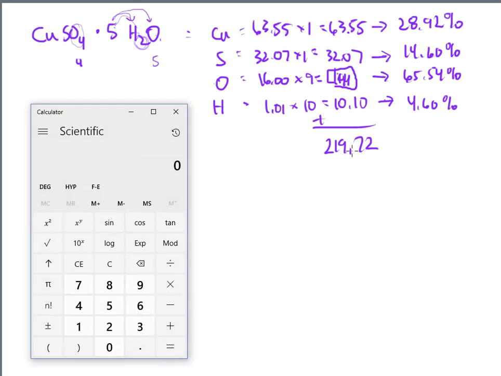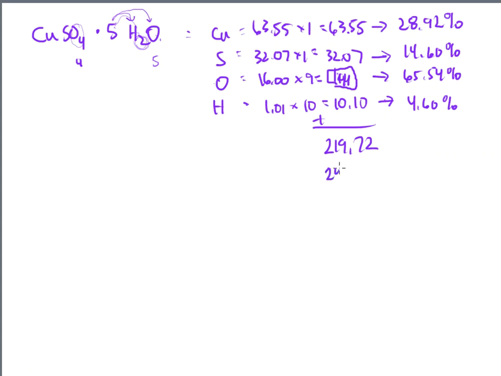So I'm going to go back and I'm going to have to redo my formula weight here. 63.55 plus 32.07 plus 144 plus 10.10. And this gives me 249.72.